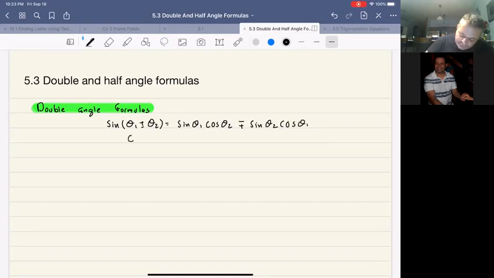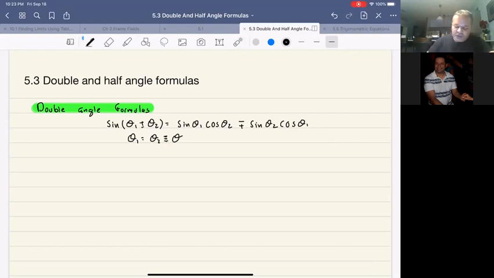And if we have theta 1 equals theta 2, which we're going to call theta, the three-lined equal sign means I'm making a definition, okay?